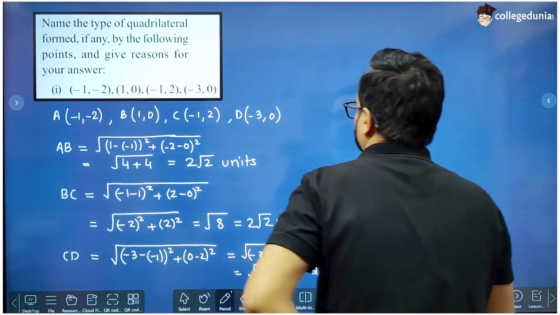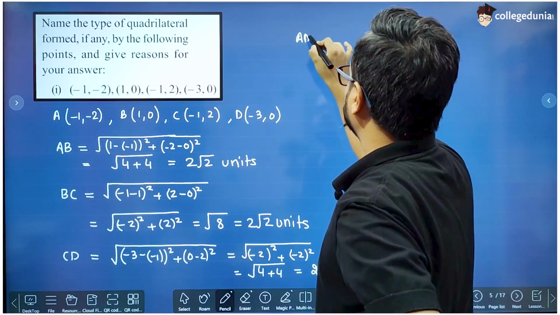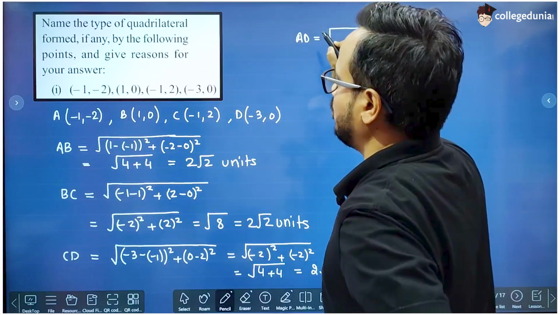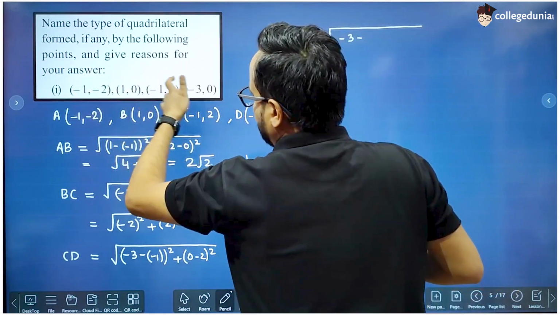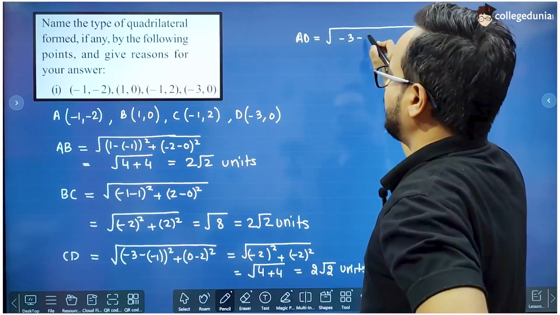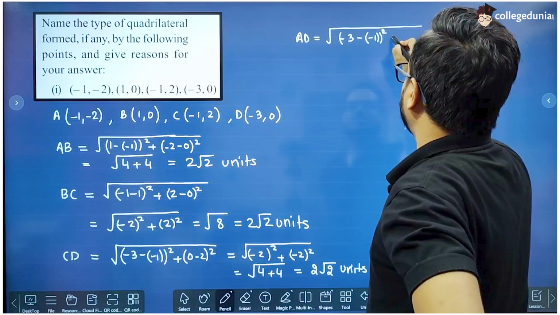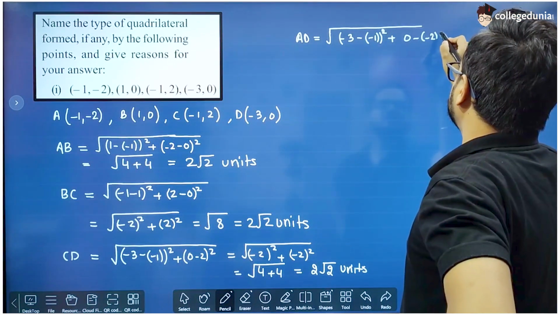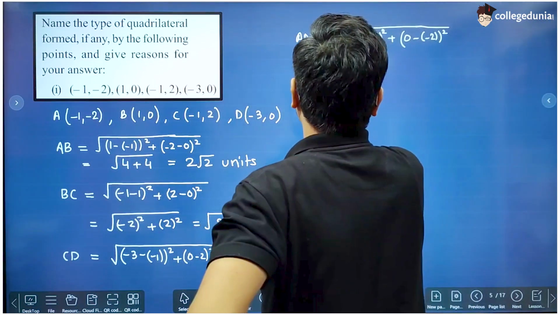And let's find the last one, that is AD. AD is what? -3 minus -1 square plus 0 minus -2 square.